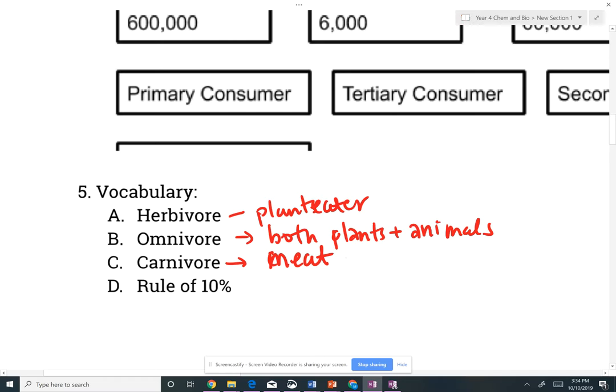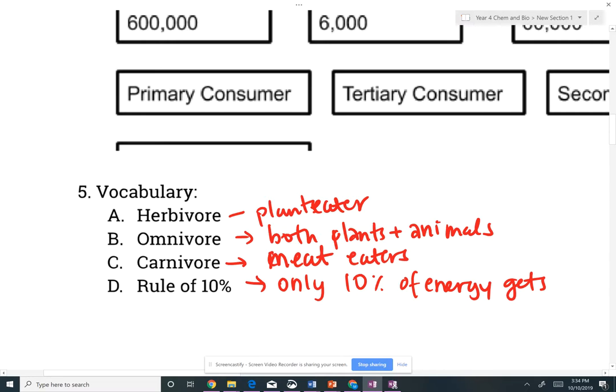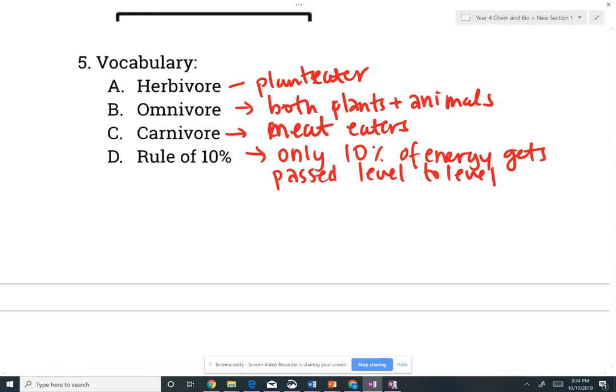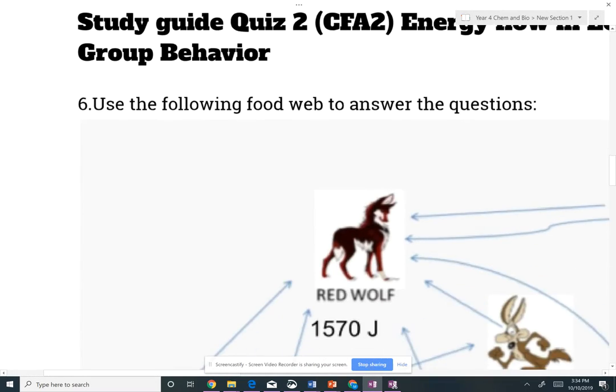So we have our meat eaters. And then our rule of 10% is only 10% of energy gets passed from level to level. Okay? So that is our quick little vocab.